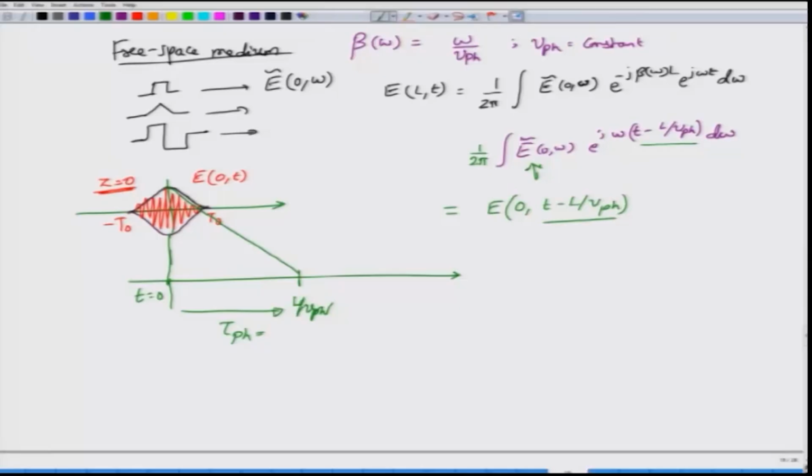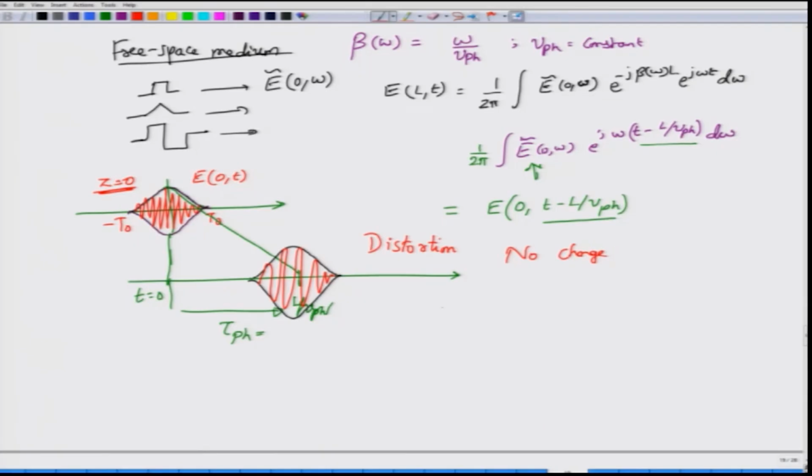All frequency components arrive at the same time, and when you put the frequency components together and form the inverse Fourier transform, you would see that the output would remain the same as it was at the input. No distortion, although I might not show it correctly, but there is absolutely no distortion, and the pulse would remain without any change in the pulse spectrum. So, no change is an important condition.